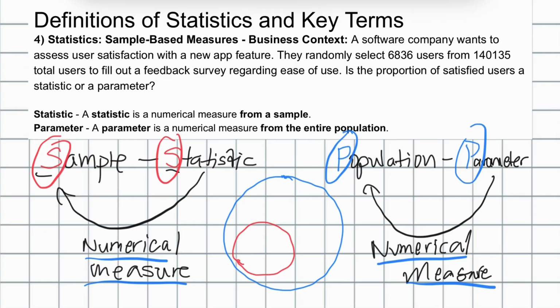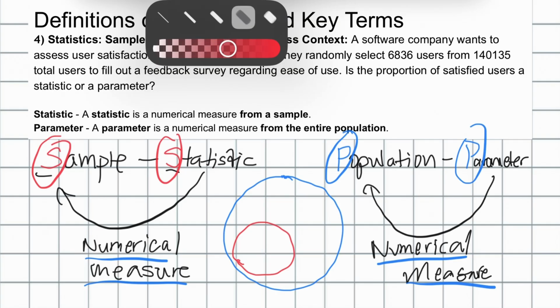Now let's go into the word problem. A software company wants to assess user satisfaction with a new app feature. They randomly selected 6,836 users, so that has to do with the sample.